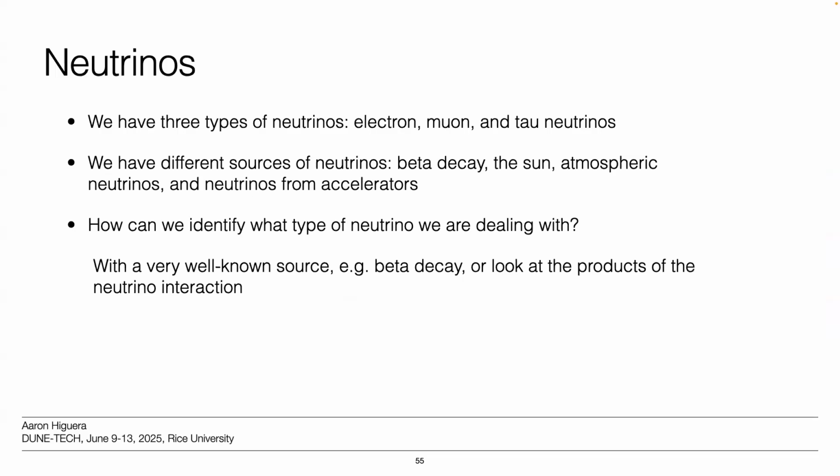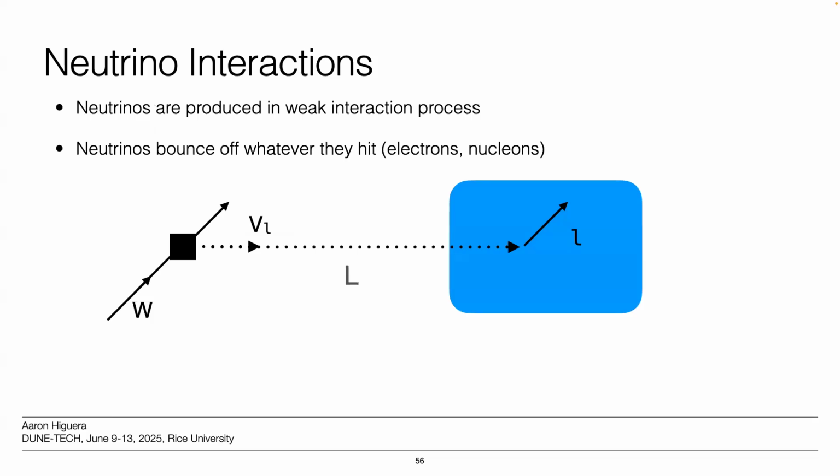Basically, we have to look at the products of the interactions. And thanks to the weak theory, we know that the W will produce a neutrino, and now we say that, okay, our source is here, it will travel some distance, we have a detector, we look at the lepton, when they interact with matter, with an electron or a proton, and it will produce a charged lepton, right?